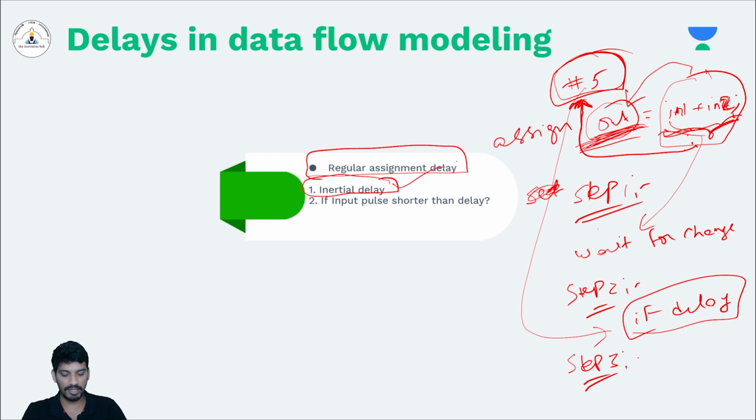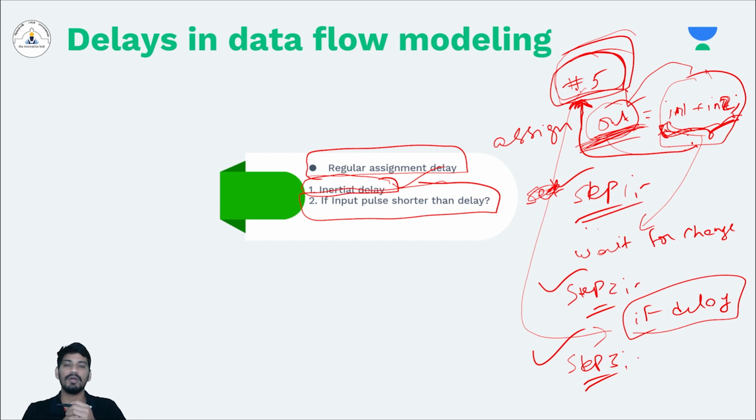This property is called inertial delay, and one thing that it has is, if the input pulse is shorter than delay, what will happen? Because as I am saying, it will follow these 3 steps. First step is it will wait for changes, and then next step is it will wait for this much amount of time delay, and third step is it will assign the output. But what if meanwhile it is waiting for that much amount?